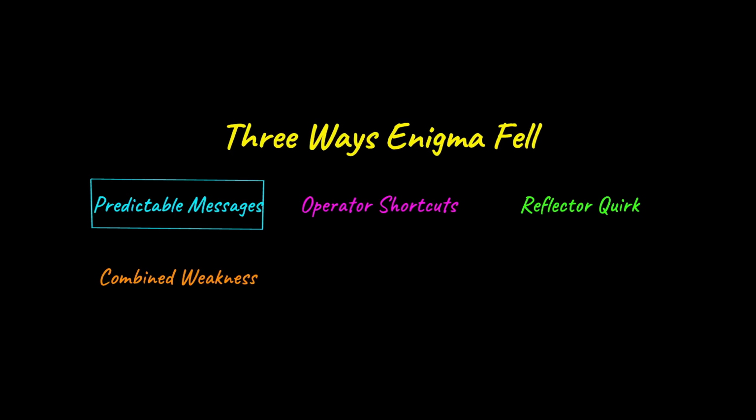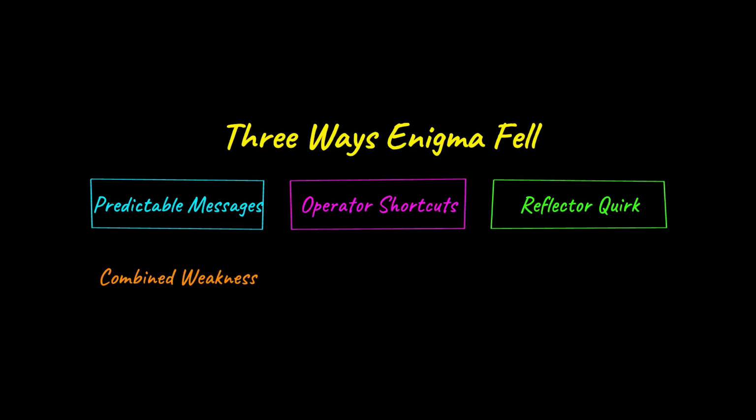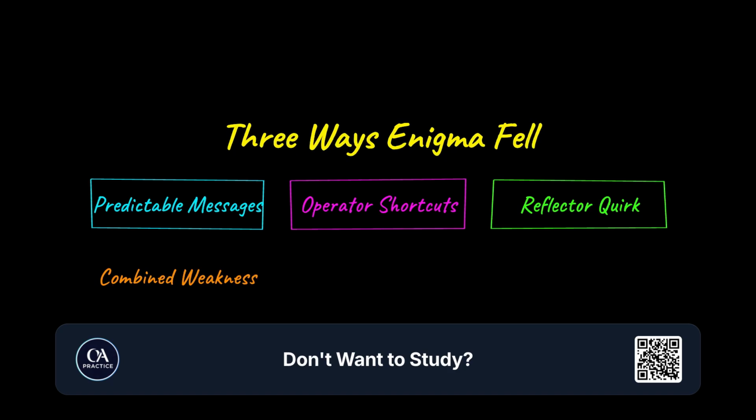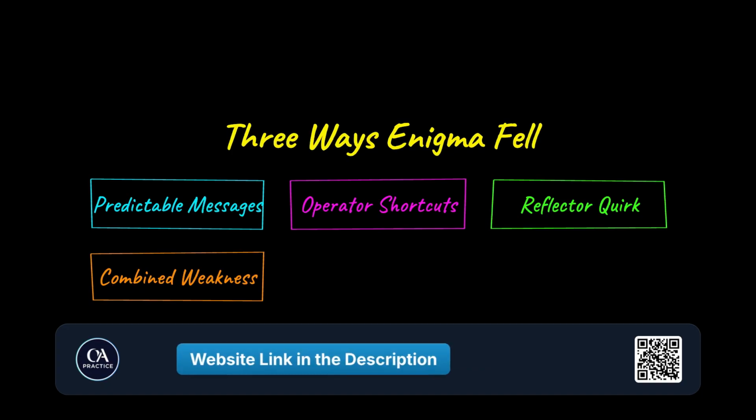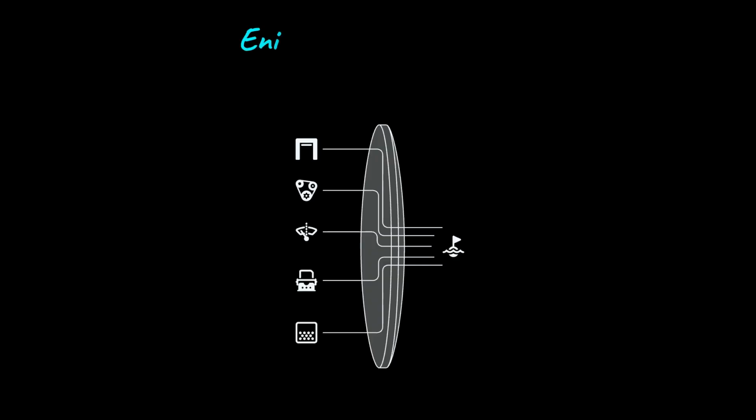Predictable message structure, like routine weather reports, gave codebreakers cribs, guessed plaintext for known-plaintext attacks. Operator shortcuts like reused settings and lazy key choices shrank the search space. And the reflector's quirk, never enciphering a letter as itself, let code-breaking machines instantly reject wrong candidates.